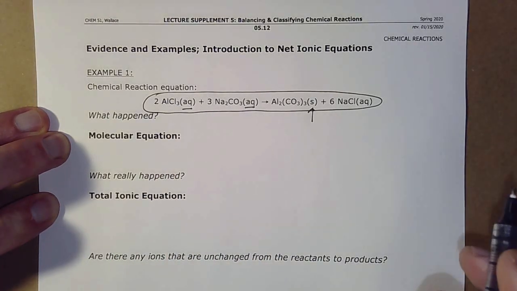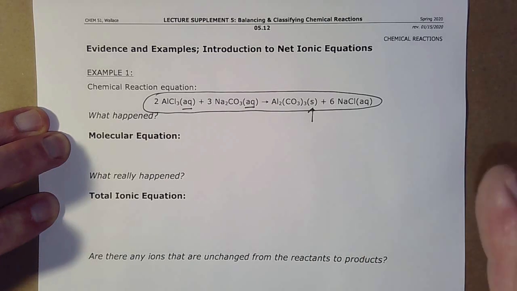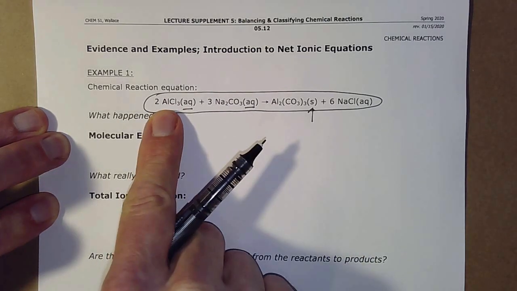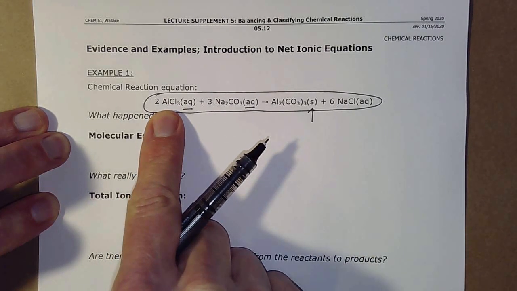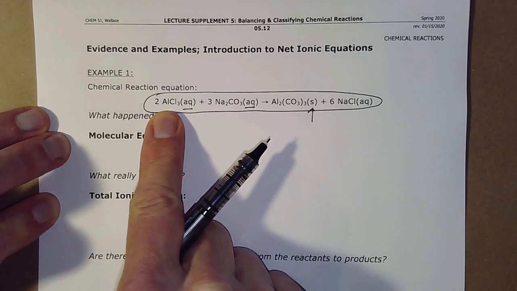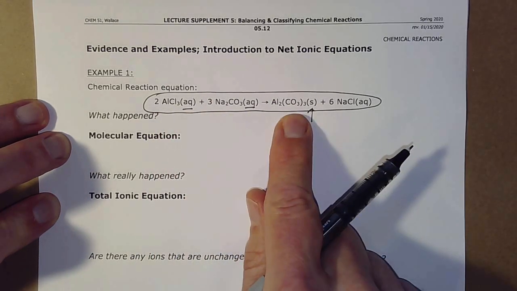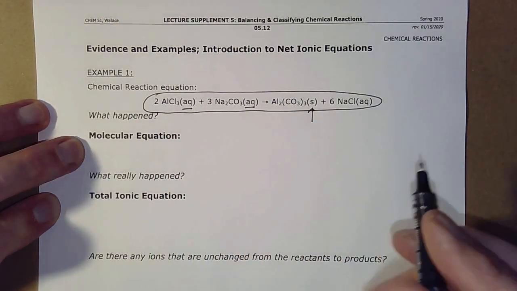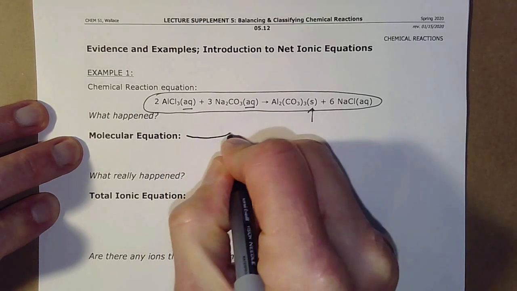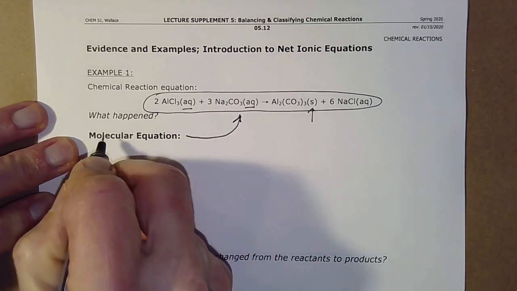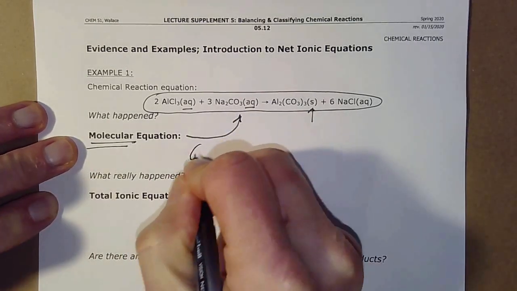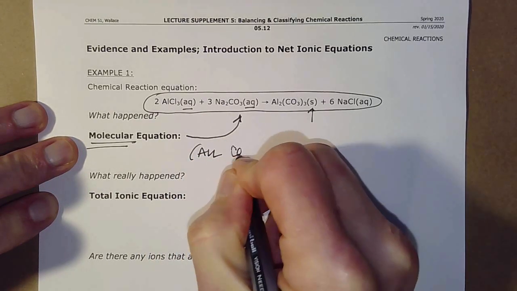Sometimes it can be a little misleading, but we say, oh, that's a molecular formula, even though it's an ionic compound that doesn't have molecules, it only has ions. So we might refer to this now as a molecular equation. So we could say all compounds.